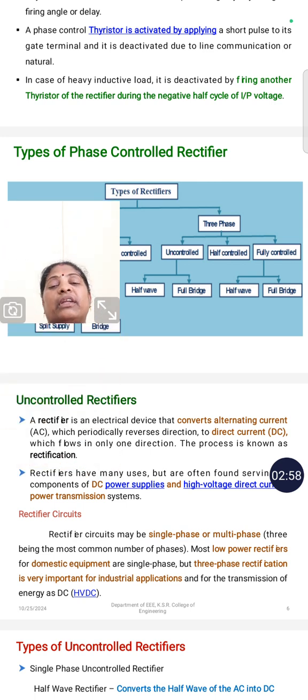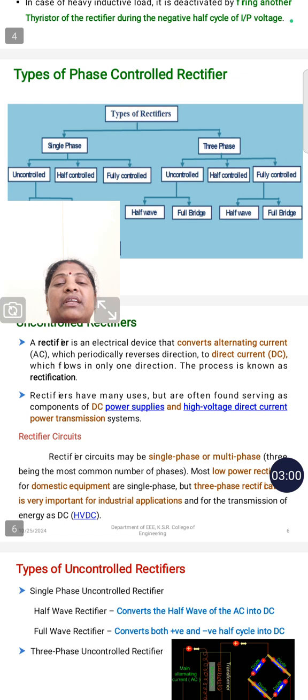An uncontrolled rectifier, that means a rectifier, is an electrical device that converts alternating current, which periodically reverses direction, to direct current, which flows in only one direction. That process is known as rectification. Rectifiers have many uses, but are often found as components of DC power supplies and high voltage direct current power transmission systems.